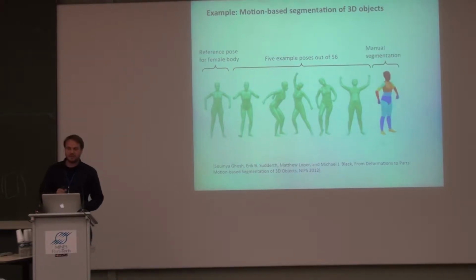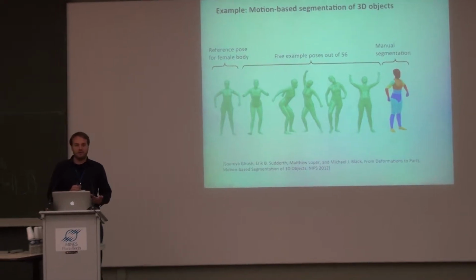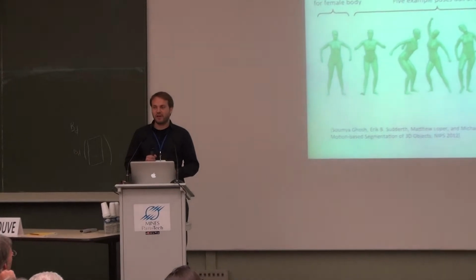So you would say that your body is composed of different rigid bodies, like the arms and legs, and they move according to a certain motion. And they wanted to infer that from these different surface models without human intervention. And that's an example of their results, where the colors indicate different parts.